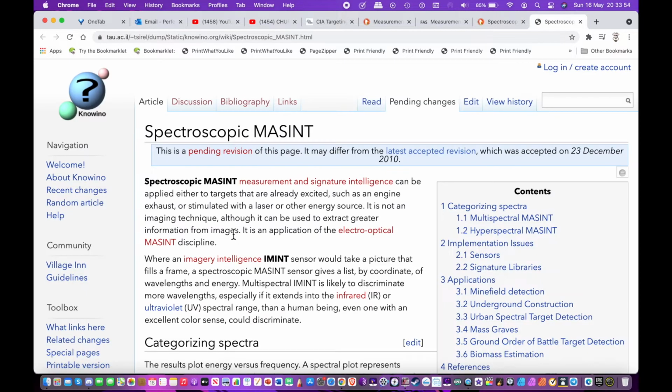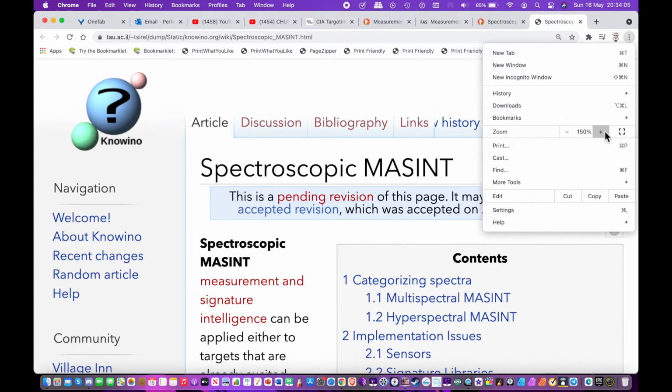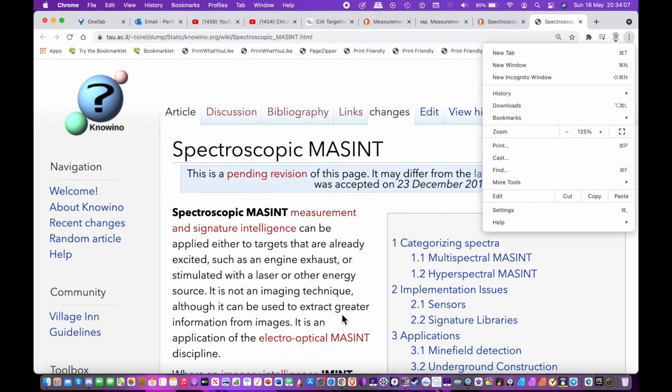Oh, okay. So is it like a... Ooh, I've never been on this site before. I'm going to have to make this a little bit bigger. Okay.